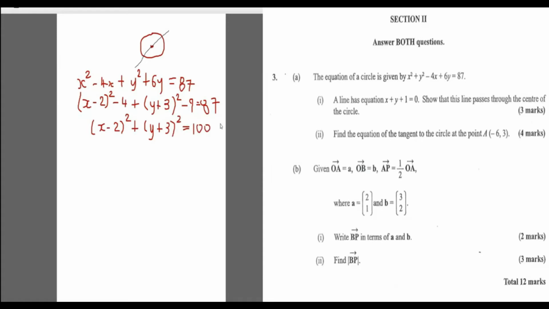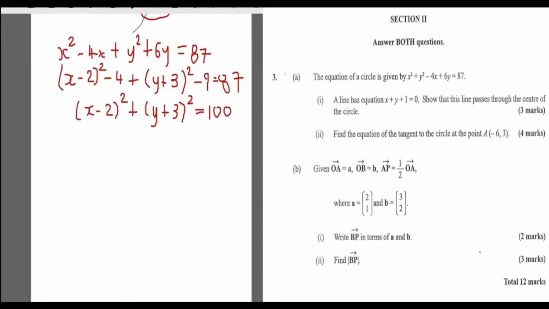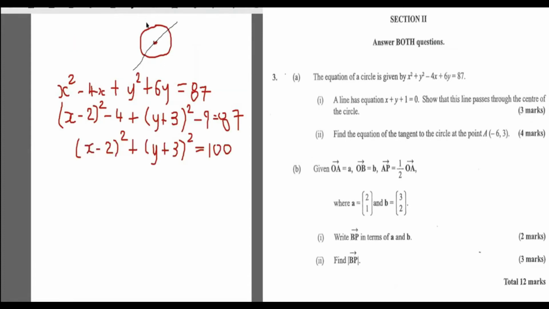So now we have the center of the circle and the radius. The center of the circle is (2, -3).